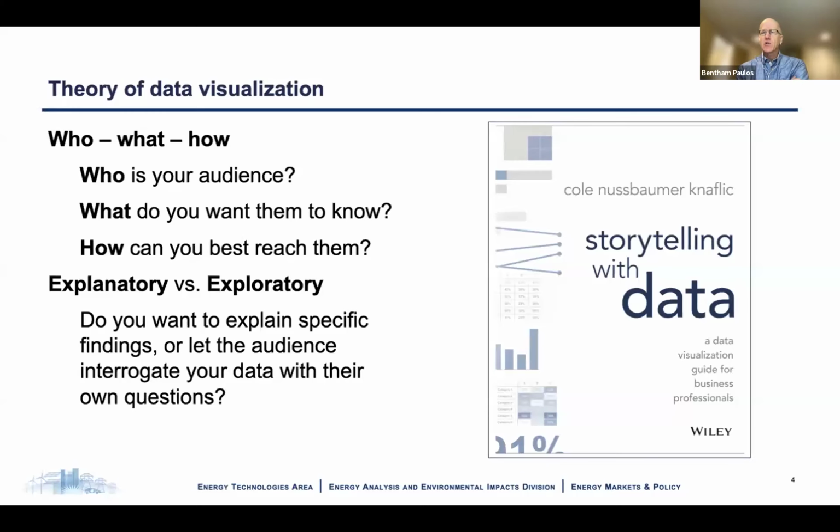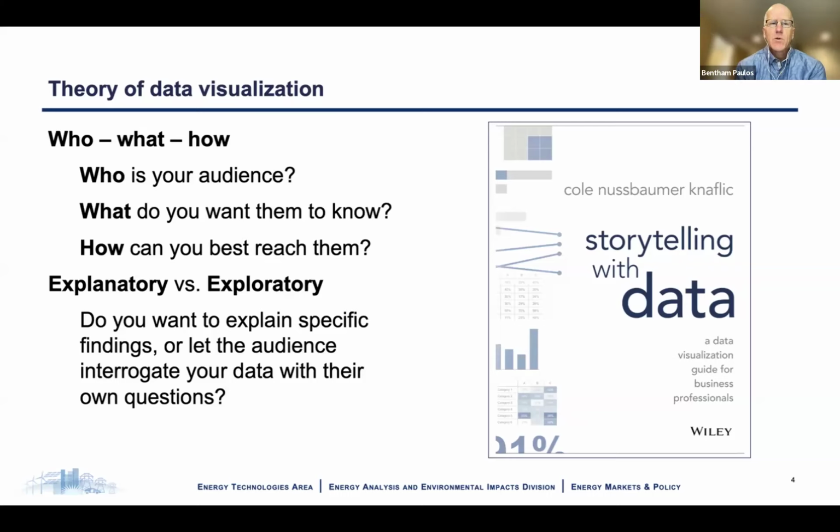There's a surprisingly large amount of literature about data visualization. First, the basic questions are who, what, and how. Who is your audience? What do you want them to know, and how can you best reach them? There are a lot of different ways to reach people with visualizations, and we're going to be looking at a number of them.